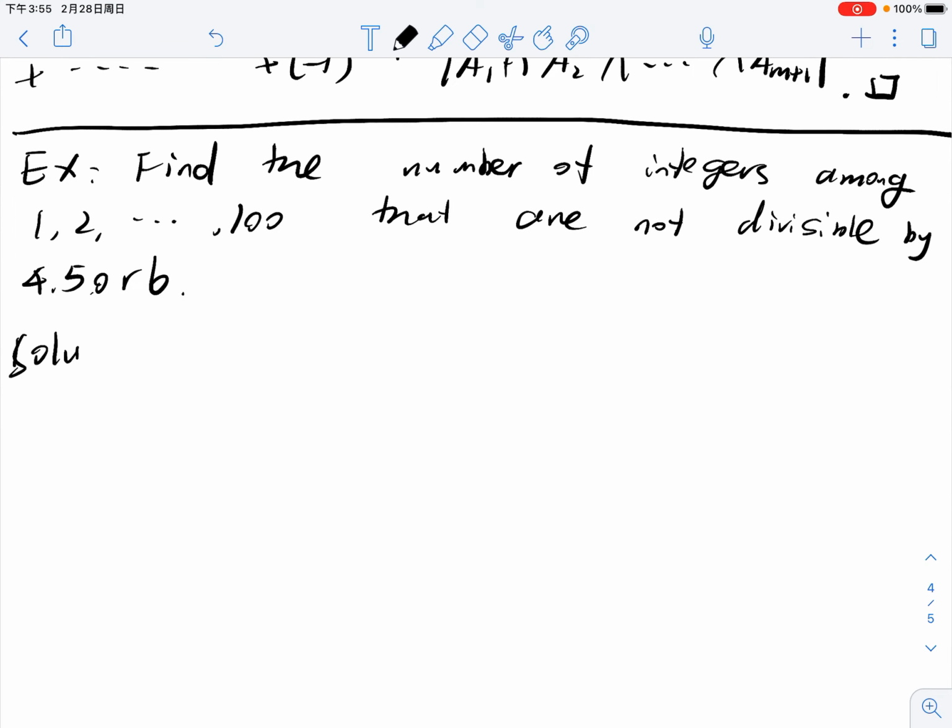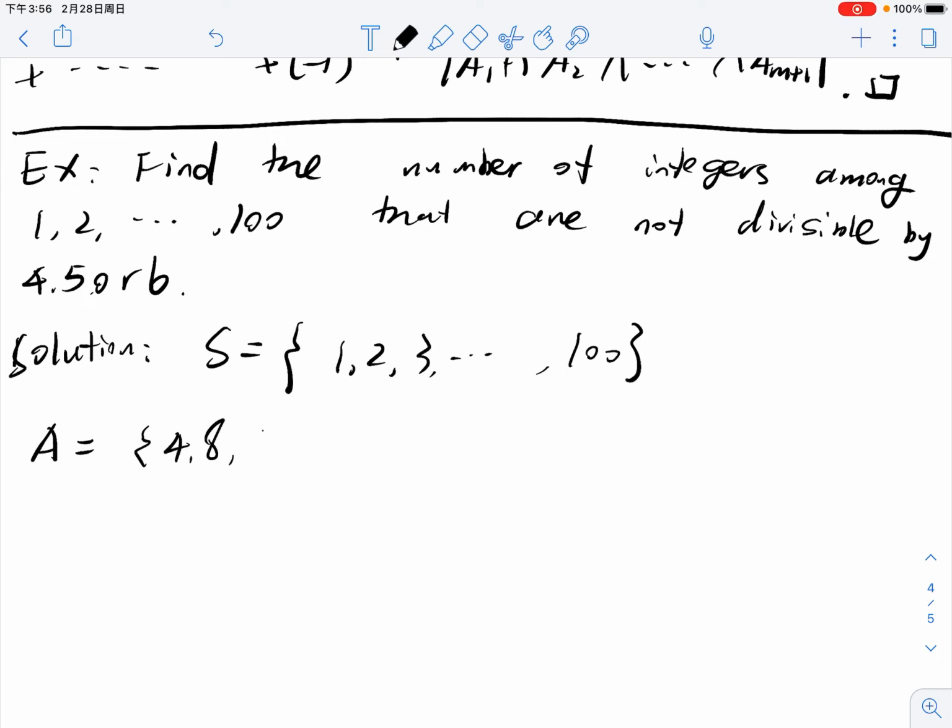So, solution. The first thing is we need to set up what the correct sets are and how to apply the formula. First, the whole set S, of course, is all the integers from 1 to 100. And then A, or A1, is 4, 8, 12, up to 100.